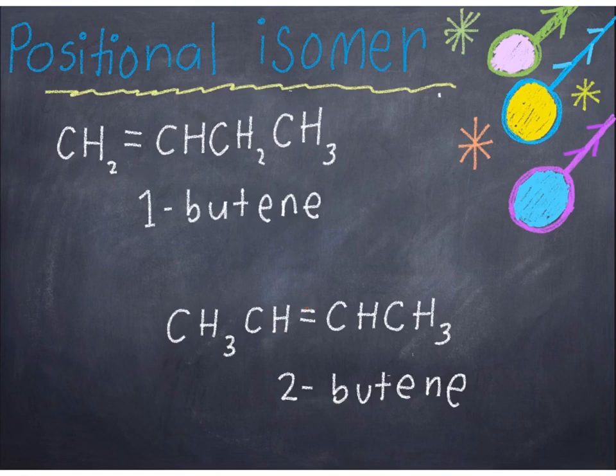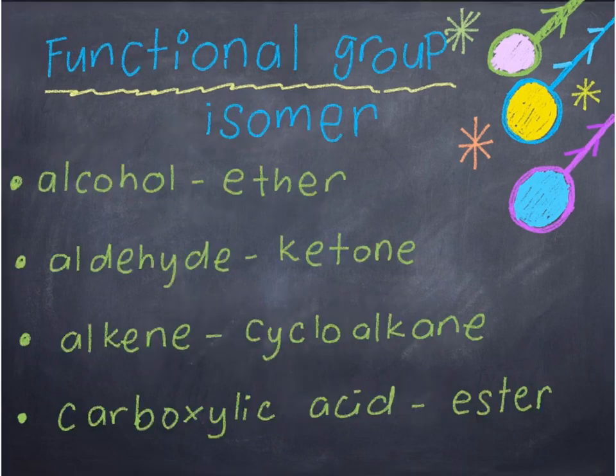Then we move on to the third one, which is functional group isomers. What is special about functional group isomers, you have to memorize the partners for the functional group isomers. Means you have to know that alcohol and ether share the same molecular formula.